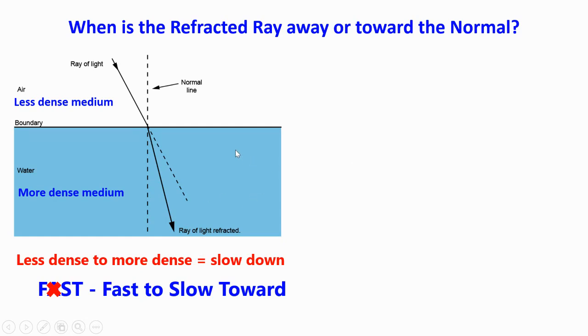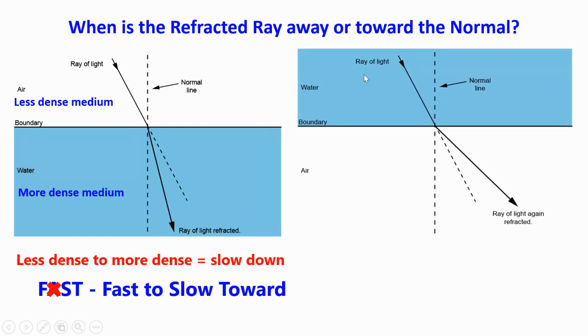Now let's see the opposite situation. The wave comes from an area that is more dense to an area that is less dense. There are not that many particles, so the wave is going to speed up. It's going to move faster because there are not that many obstacles in this less dense area.